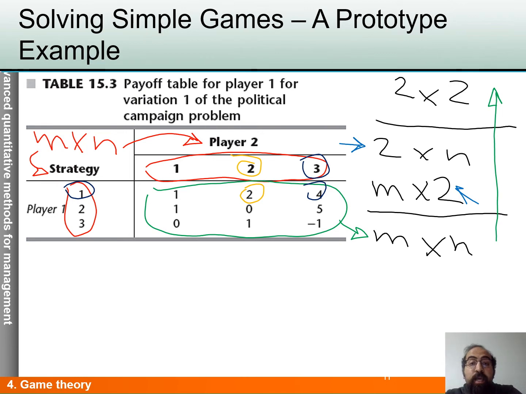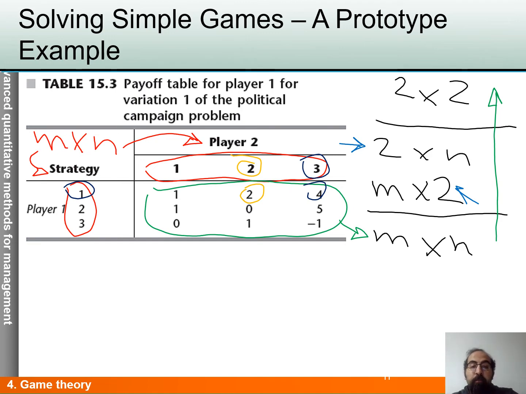Why? Because player 2 loses 2 units by selecting strategy 2, while selecting strategy 3 results in losing 4 units. So in a general form, this 2 is better than 4 units.